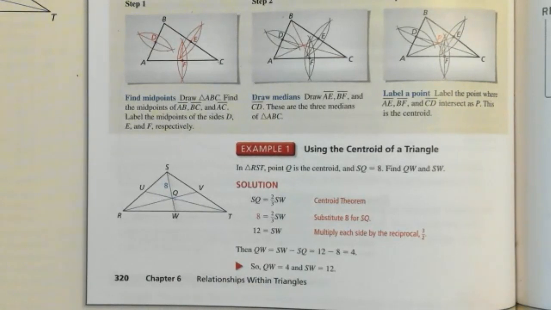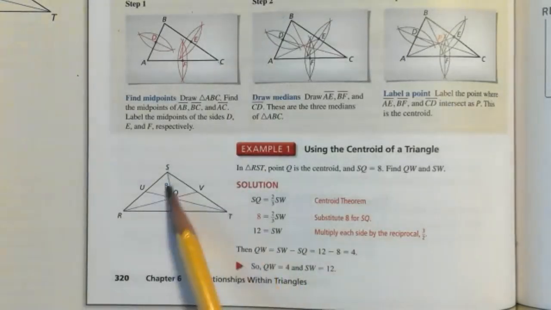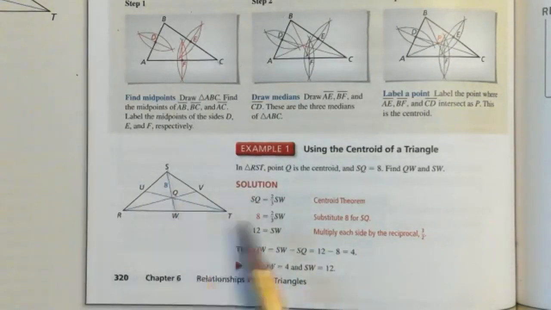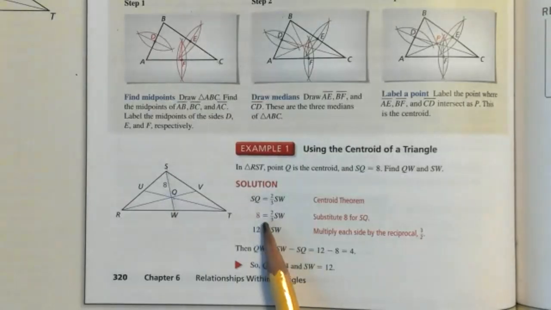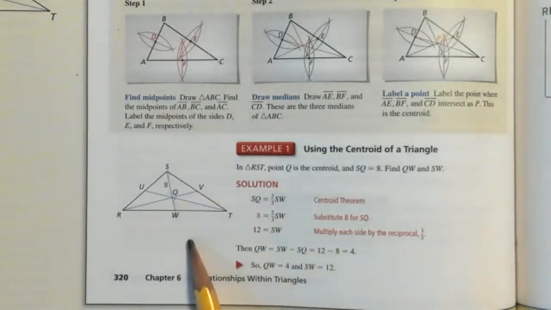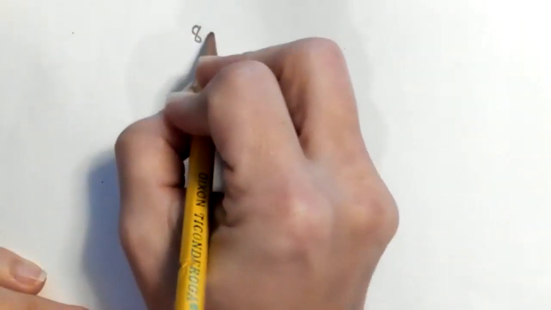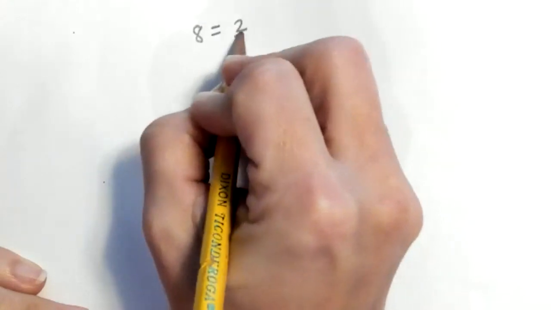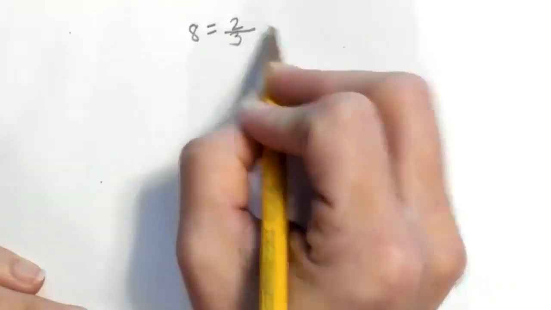Review from yesterday? Okay. So we can solve that by saying that SQ, which is 8, equals 2/3 of the whole thing. I'm going to do it on paper here for you. 8 equals 2/3 of our whole thing.